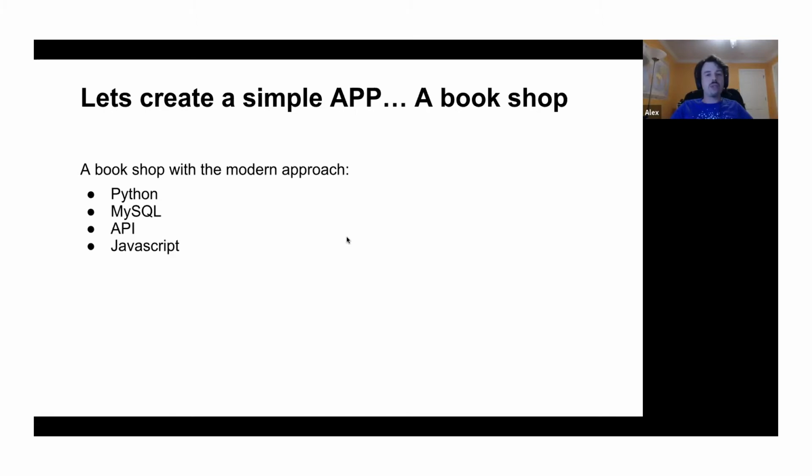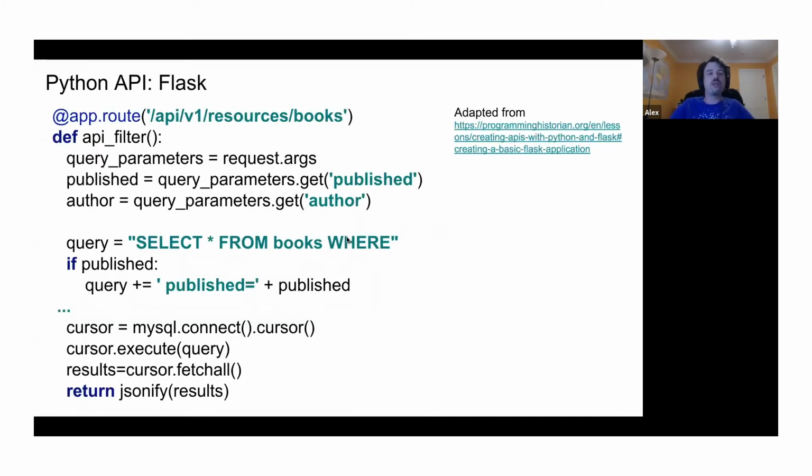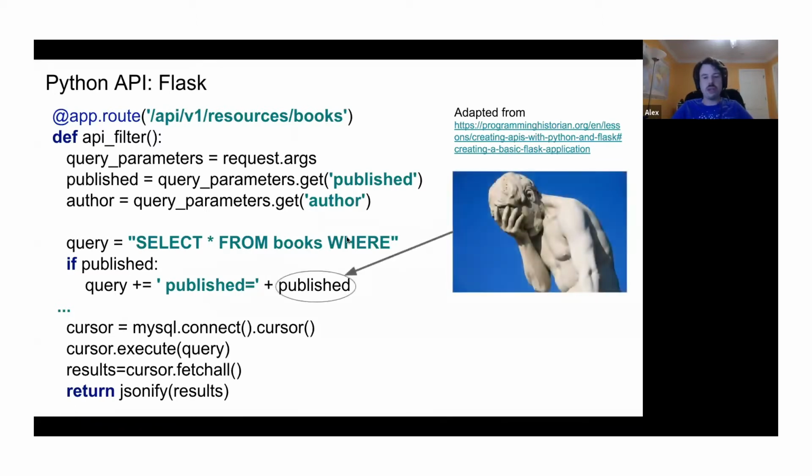I have been searching the internet for a sample of the code, and I have created this purposely vulnerable API to demonstrate it. So what is bad here? Well, this is really bad.